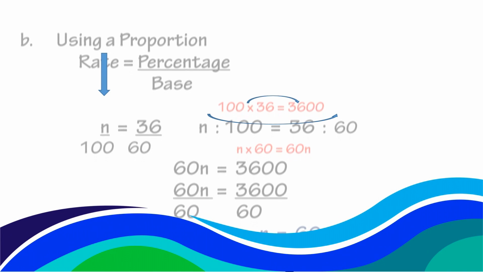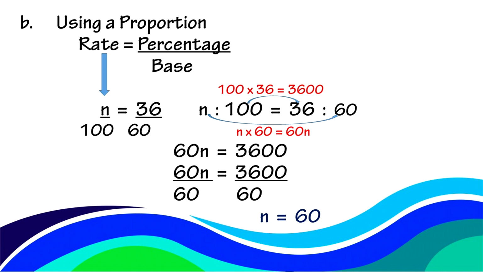Next is using a proportion. We write it as a fraction: n over 100 is equal to 36 over 60. Then write it as a ratio: n is to 100 as 36 is to 60.